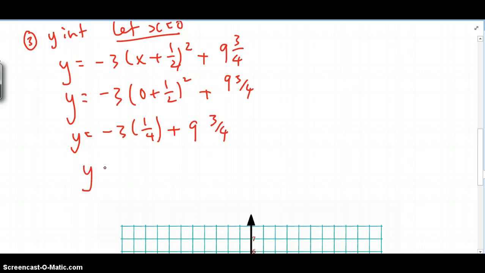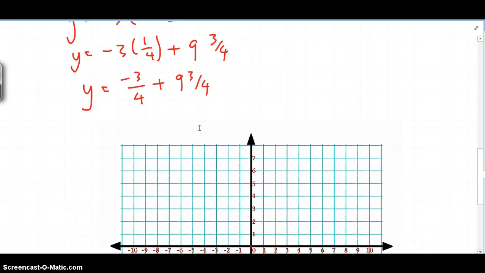And what we end up getting with this is 3 over 4 plus 9 and 3/4. You can see with this particular equation, it simplifies nicely so that y is equal to 9. So therefore, the y-intercept is equal to 0, 9.